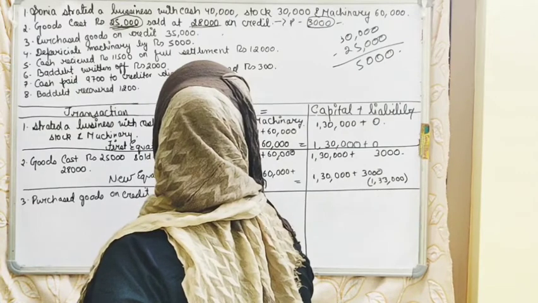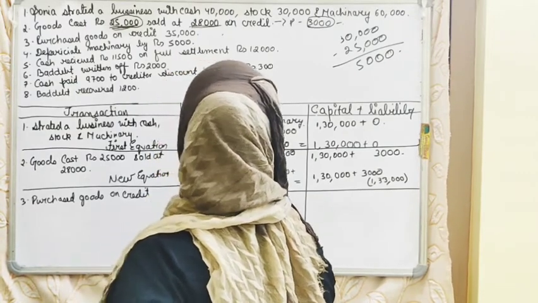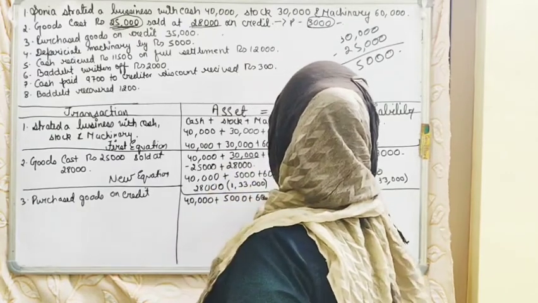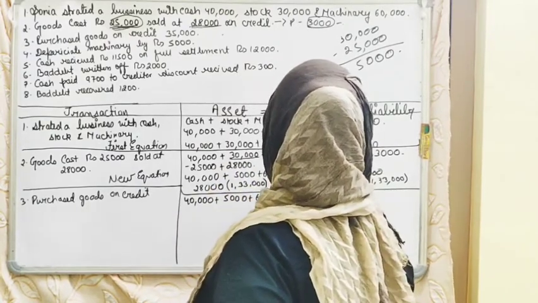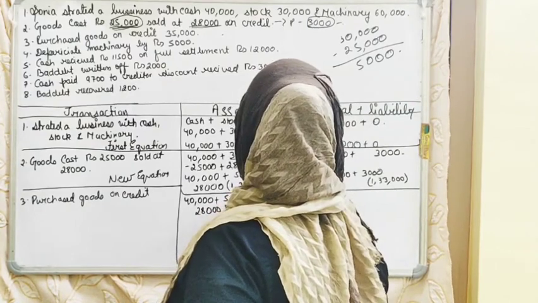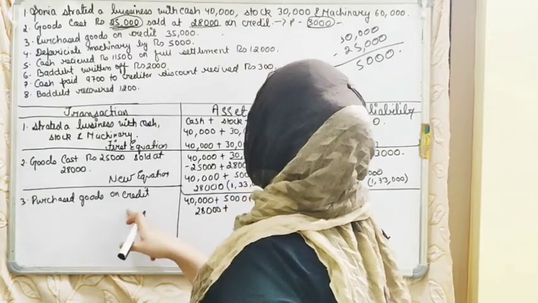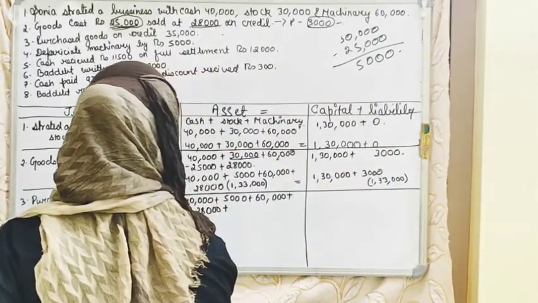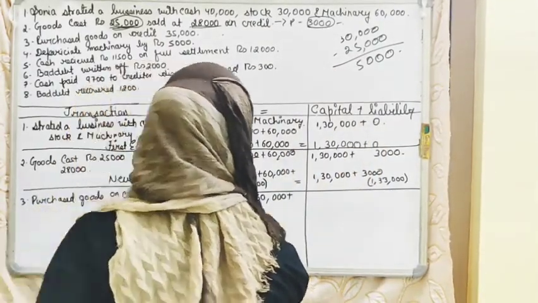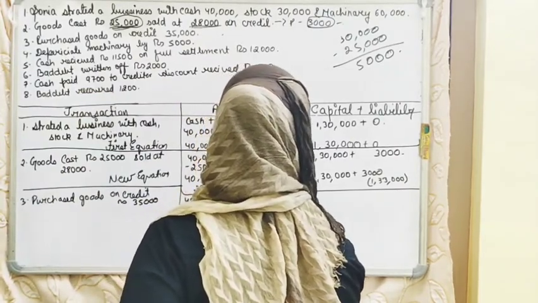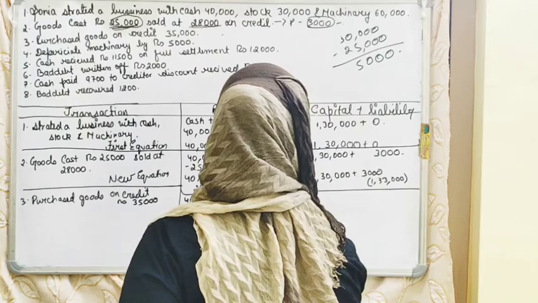the equation like 40,000 plus 5,000 plus 60,000 plus 28,000 plus on credit rupees 35,000.